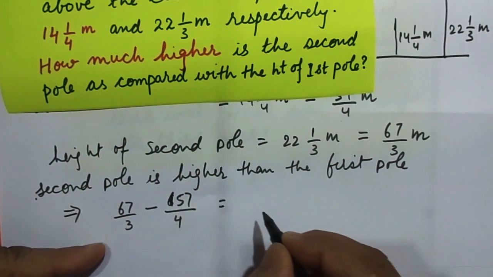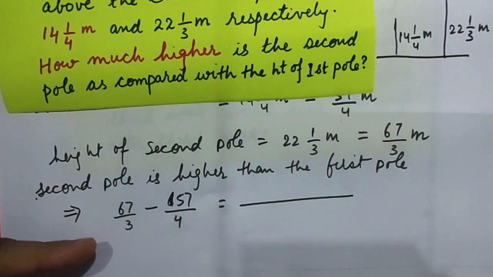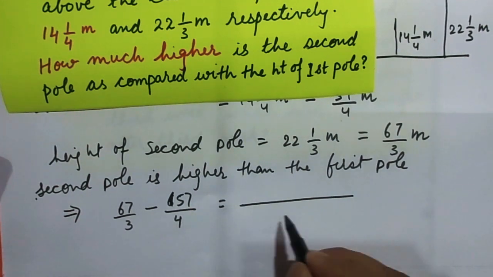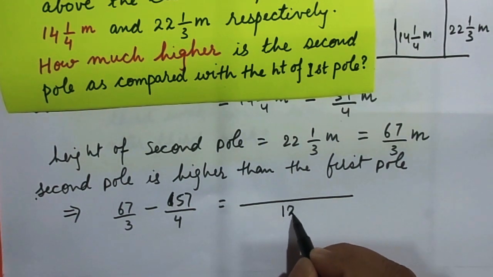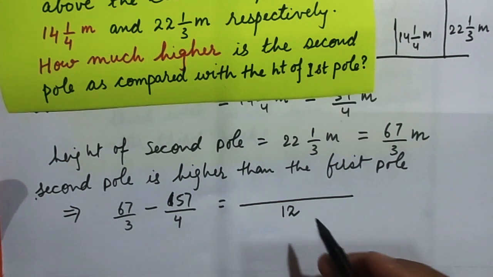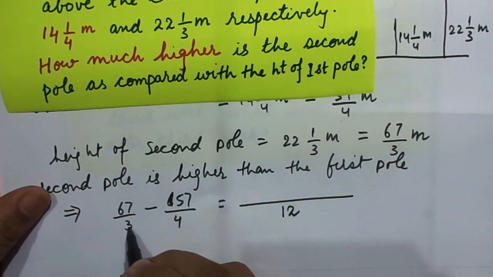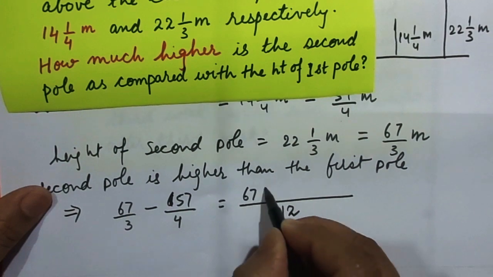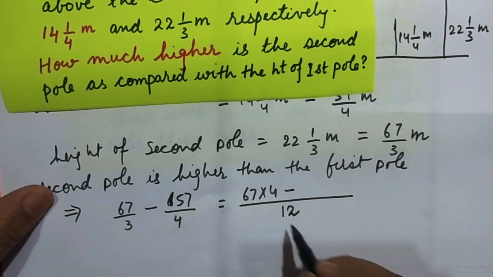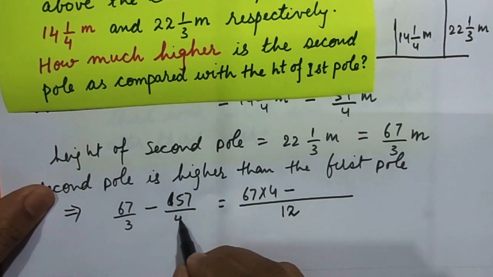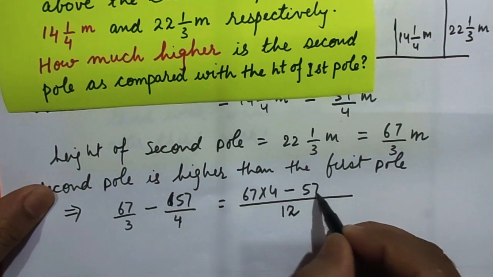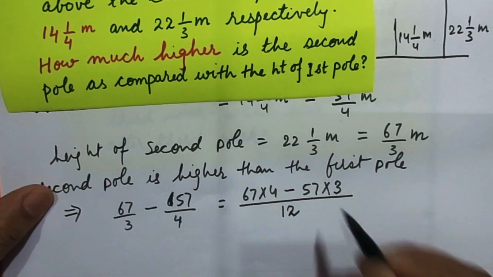So what you need to do? Beta, you need to take the LCM of 3 and 4 as 12. Now, smartly, 12 divided by 3 is equal to 4, so 67 into 4, minus 12 divided by 4 is equal to 3, therefore 57 multiplied by 3.